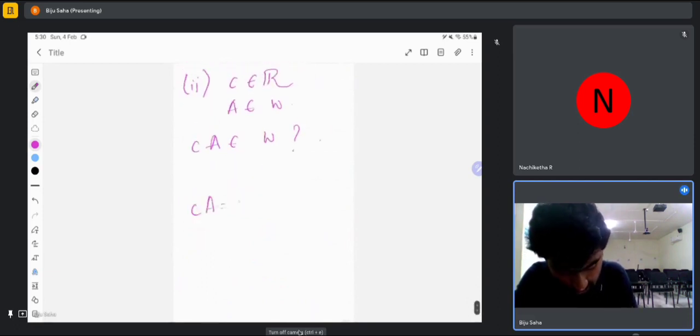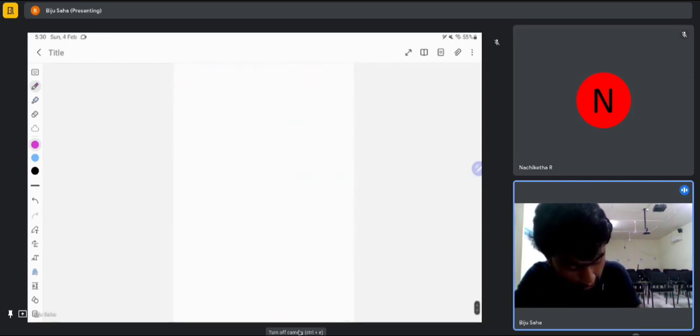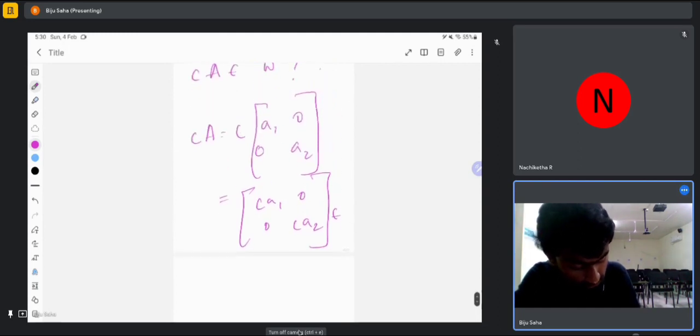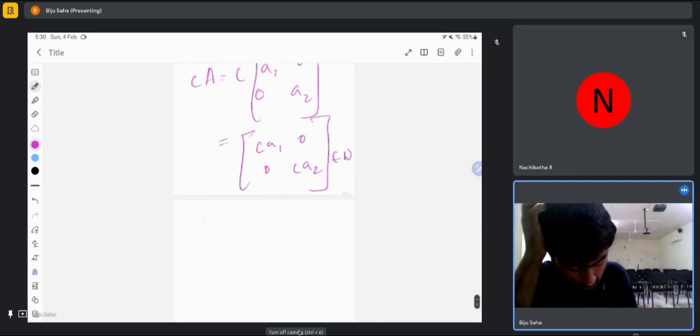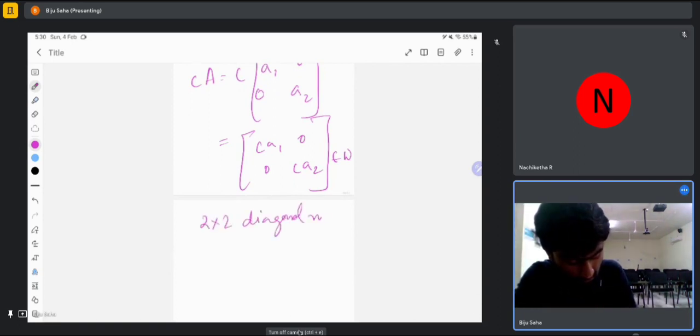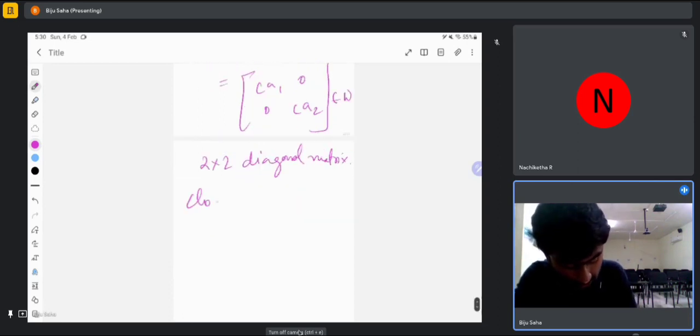C cross A, just like in matrix multiplication, would be CA1, 0, 0, CA2. This does belong to W because it's still a 2 cross 2 diagonal matrix. Hence it's closed under scalar multiplication.